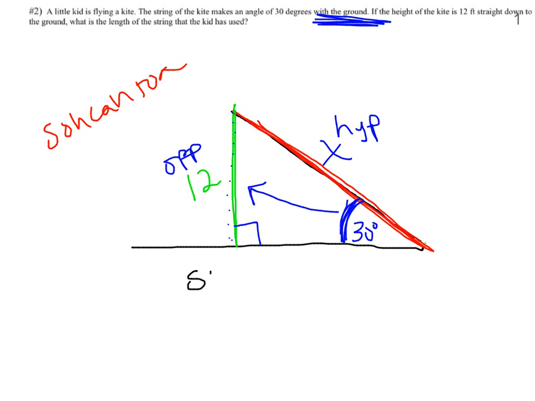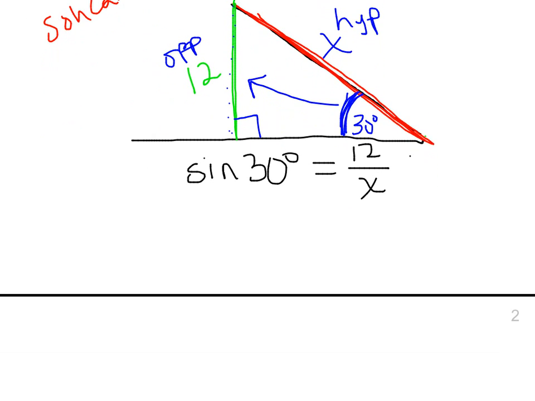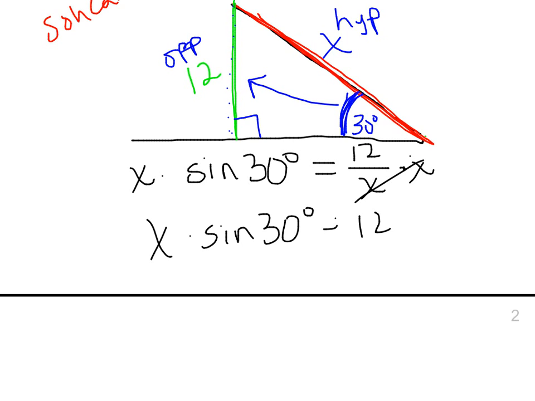So we have sine of the angle, 30 degrees, is the opposite over the hypotenuse. So just like in the first example problem, we're going to have to multiply both sides by x. To get that canceled out, x times the sine of 30 is going to give us 12. So we have to divide by sine of 30, which again is just a number.